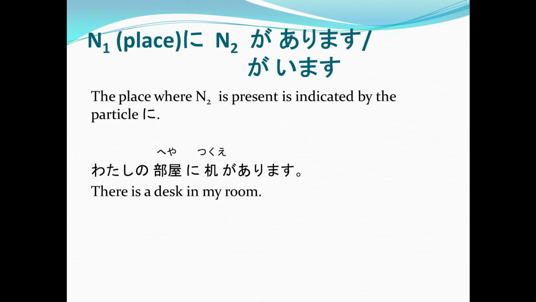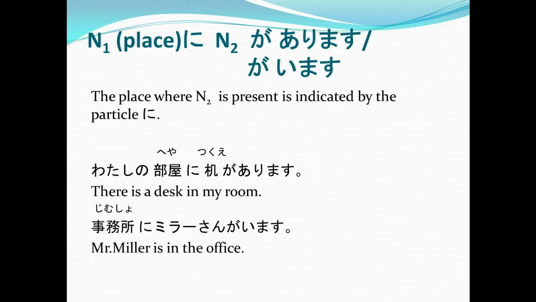Next example. Jimusho ni Mira-san ga imasu, or Mr. Miller is in the office. Jimusho is noun 1 because that is the place, followed by particle ni.